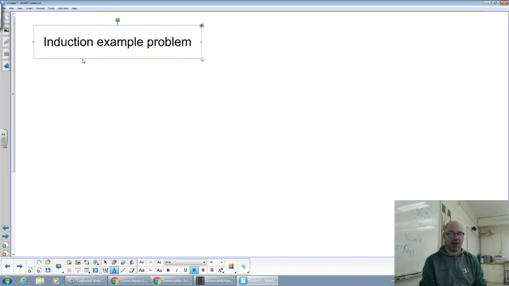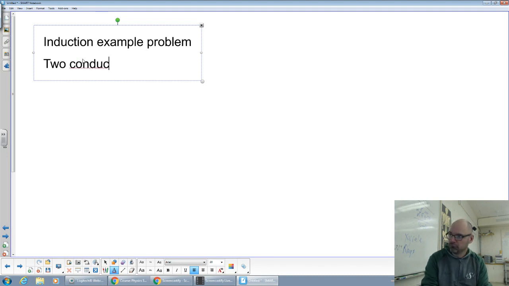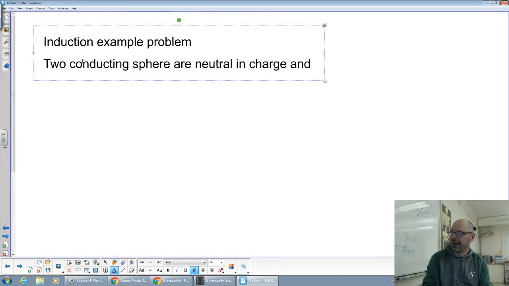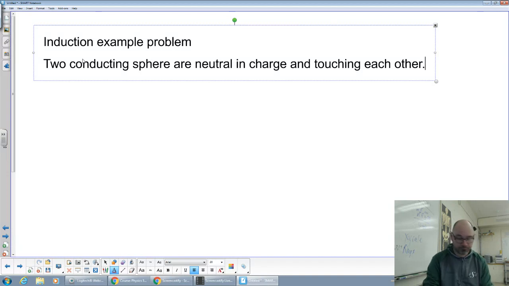So this would be something that I might ask you, for example. Okay, so let's say 2 conducting spheres are neutral in charge and touching each other. Okay.